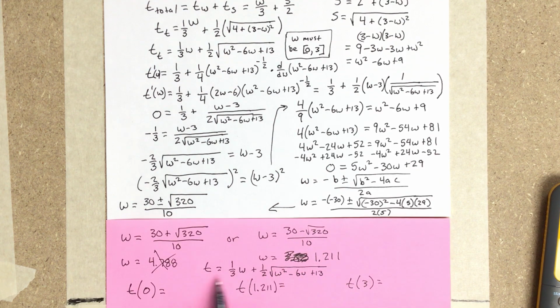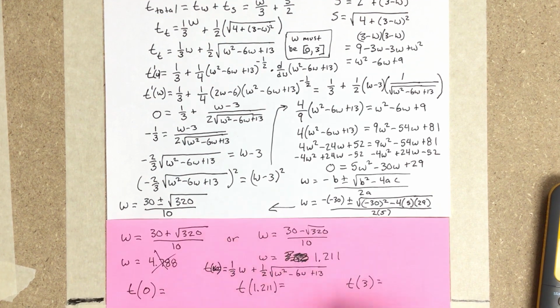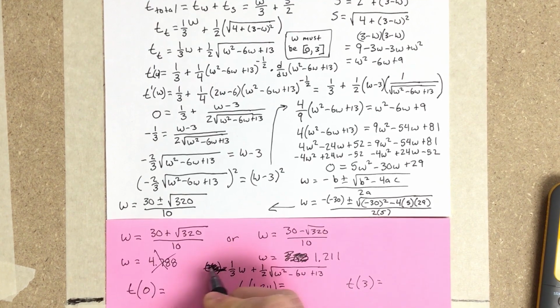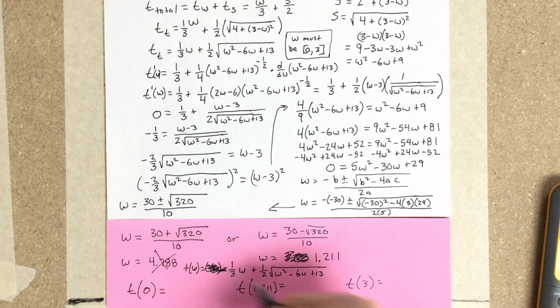It's written right here. So that's the original equation for T. We're going to call that T of w. I'm going to plug 0 into this and see what we end up with, and I'm going to plug all that into the calculator.